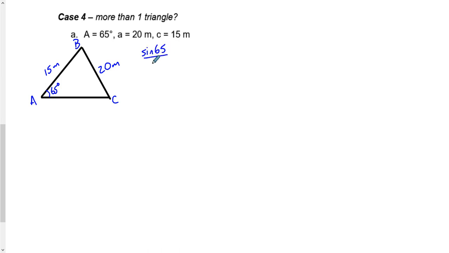So sine of 65 over 20 equals sine of C over 15, cross multiply. 20 sine C equals 15 sine 65, divided by the 20.